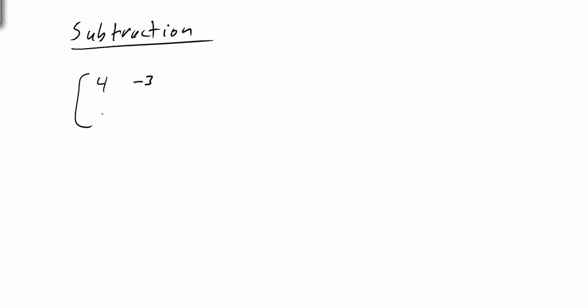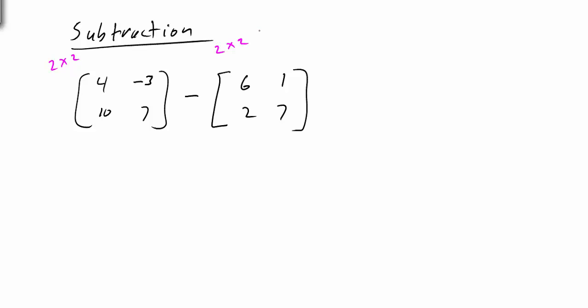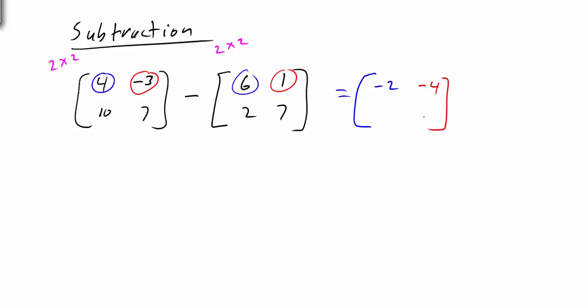So if we have 4, negative 3, let's say 10, 7, and we're going to subtract away 6, 1, 2, 7, then once again you're going to subtract the corresponding entries. Again, here we have a 2 by 2 matrix, and over here we have a 2 by 2 matrix. So we would take 4 minus 6, and that's going to give us a negative 2. Negative 3 minus 1 is negative 4.